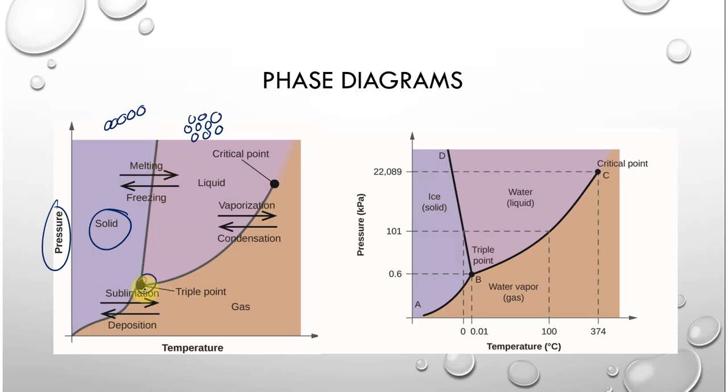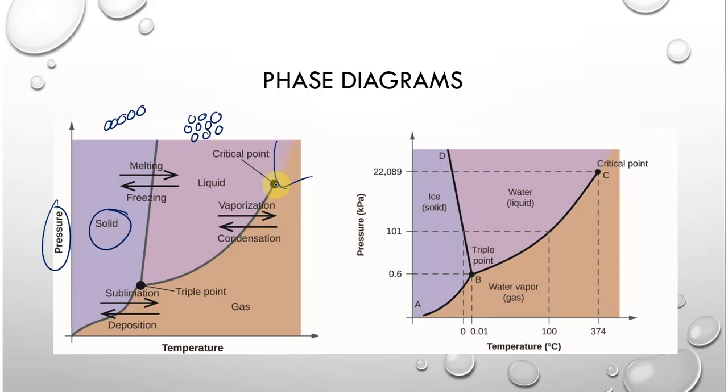You also have your triple point, where you have gas, liquid, solid, all present at the same time. Sublimation, deposition line, melting, freezing line, vaporization, condensation line. We don't really talk about supercritical fluids in this class.